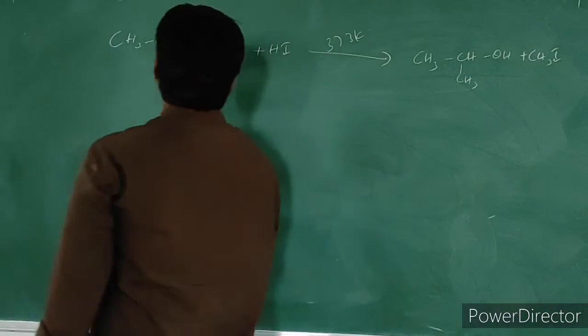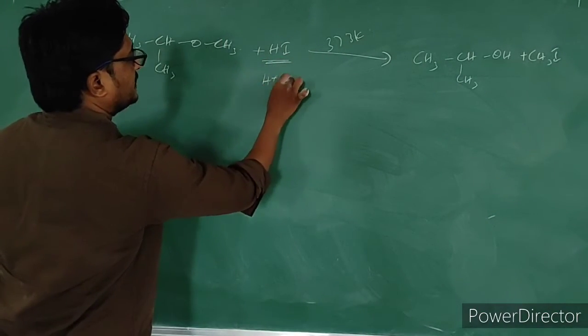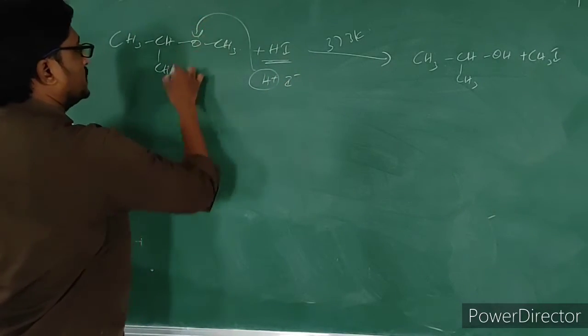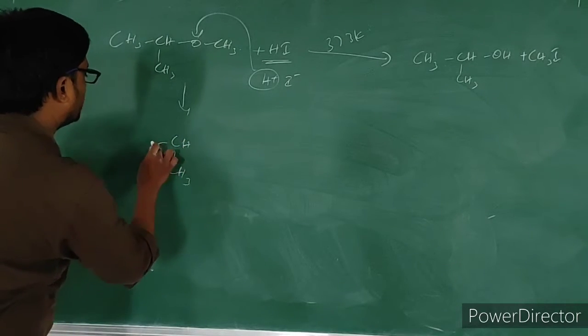The reason is that hydrogen iodide gets cleaved as H plus and I minus. H plus attacks the oxygen to form the oxonium ion.